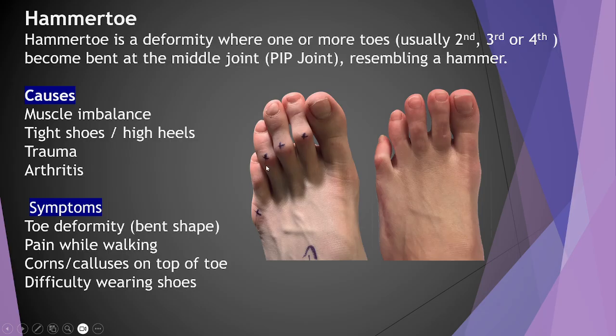Here you can see the second, third and fourth toes bent in the middle joint, the proximal interphalangeal joint. So simply we can say that in hammertoe correction, a correction will be done to treat that deformity.